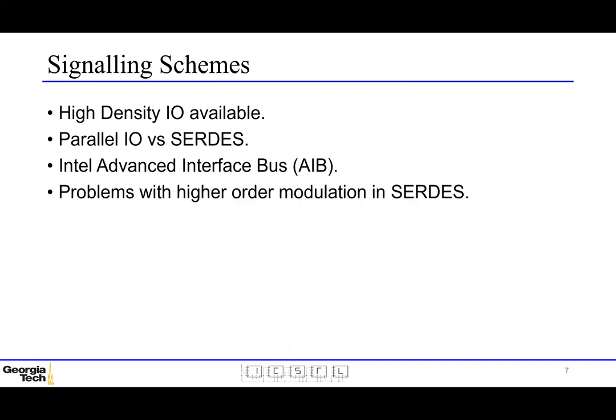One other problem with conventional SerDes is that higher order modulation schemes like PAM4 are not very successful due to long channels. In heterogeneous integrated systems, since the chiplets communicate over rather a short distance of order of few microns to a few millimeters, PAM4 is indeed a competitive signaling scheme.